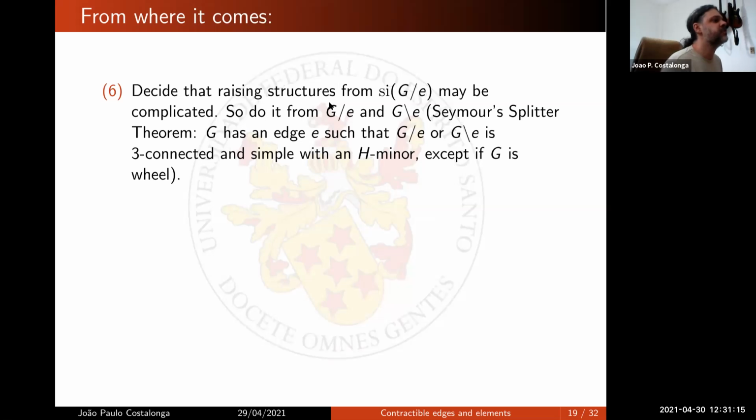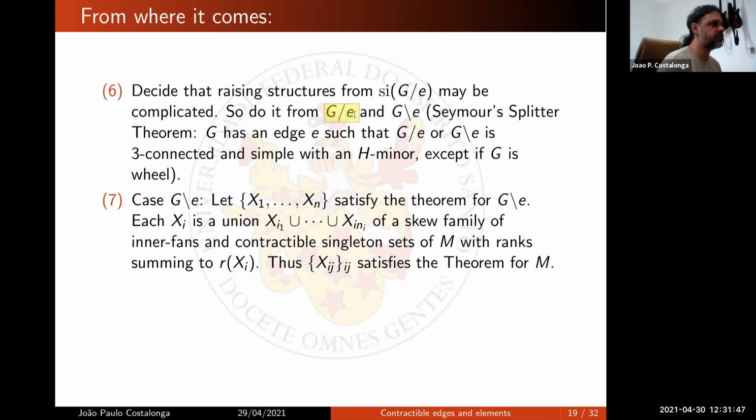Now we'll just try to raise structures from the simplification of the contraction of E in G, which may be a bit complicated. Because you contract the thing, a lot of parallel edges and lots of triangles may appear, and you eliminate a lot of stuff. It gets a bit complicated. So we raise the structures from either the contraction or the deletion of an edge that is 3-connected and has the same minor.